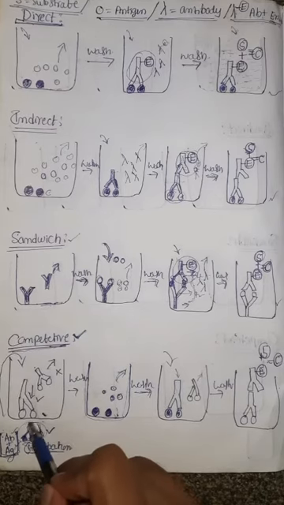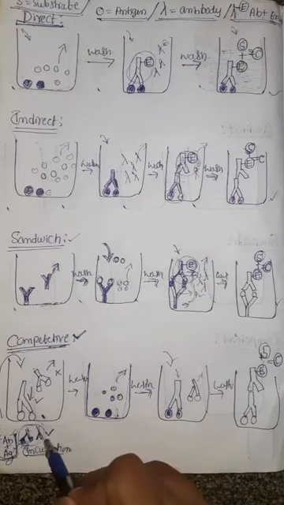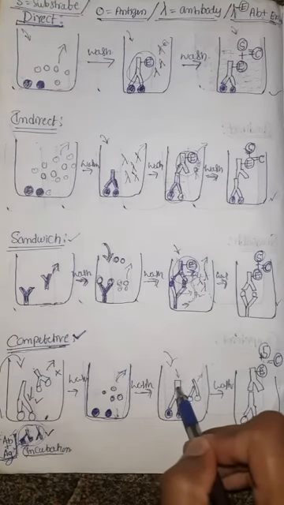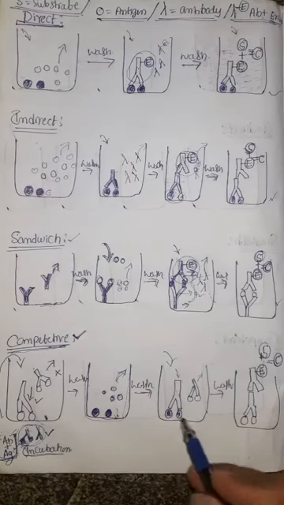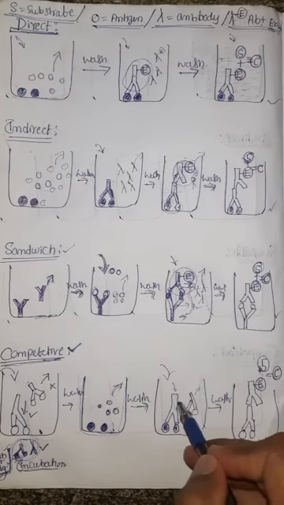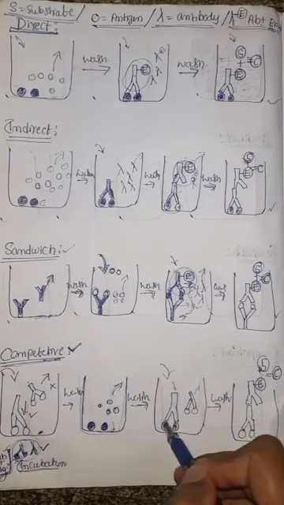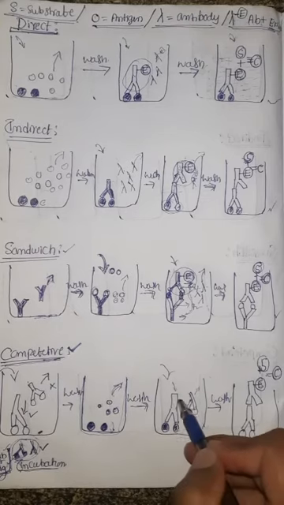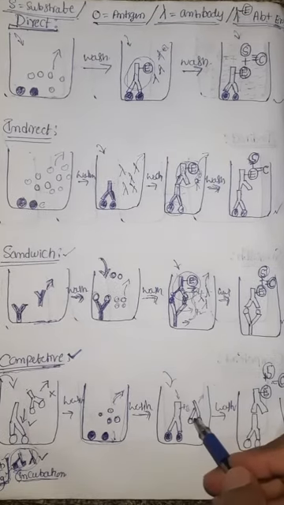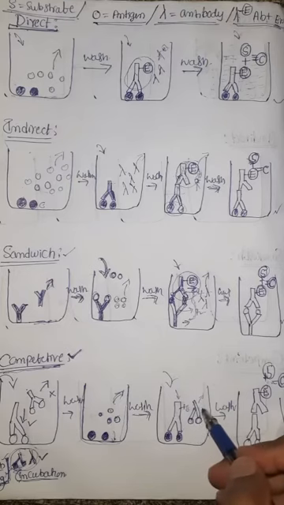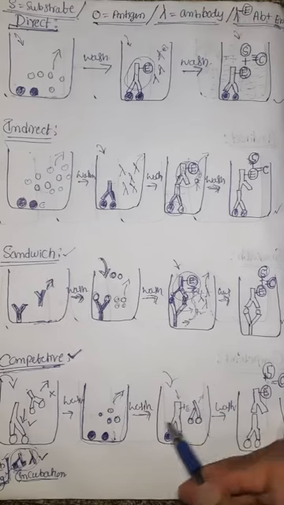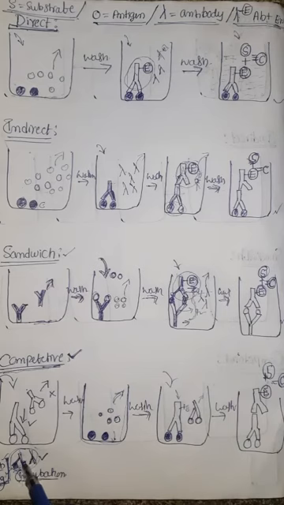Now we have to add this incubated antibody and antigen complex into the second well. Here only the free antibodies will go and attach with these antigens. But those antibodies already having antigen remain free in this well, because they already formed a complex in the incubation period itself.